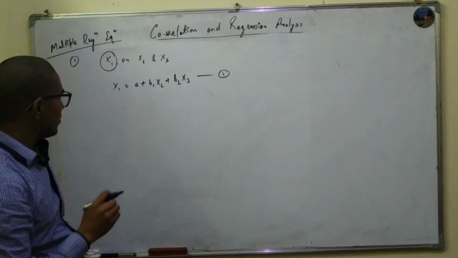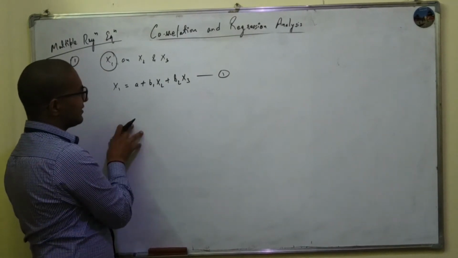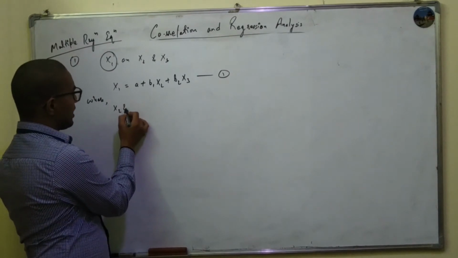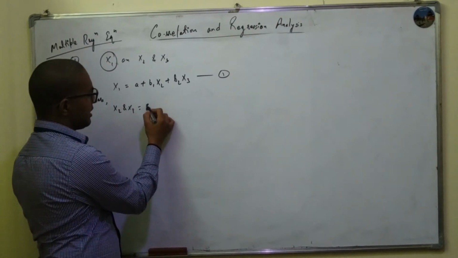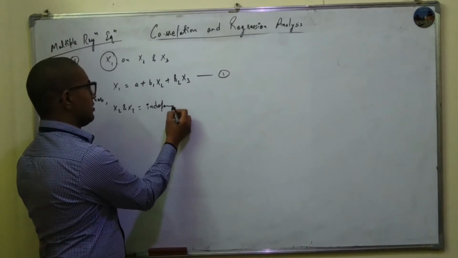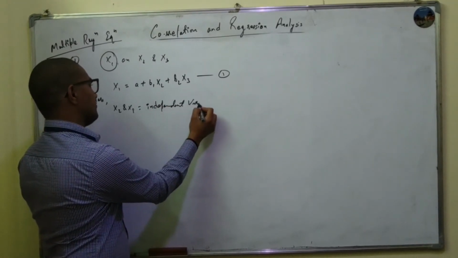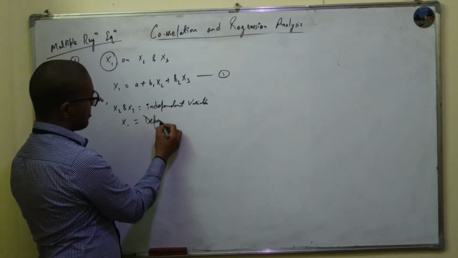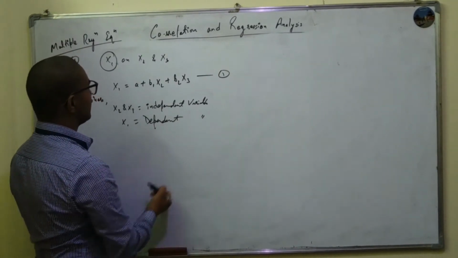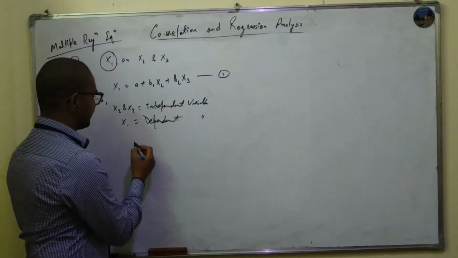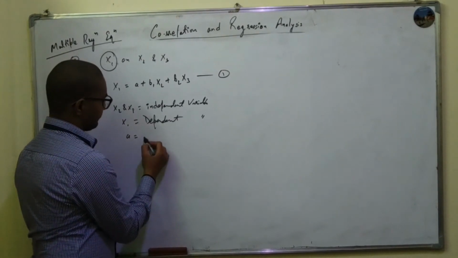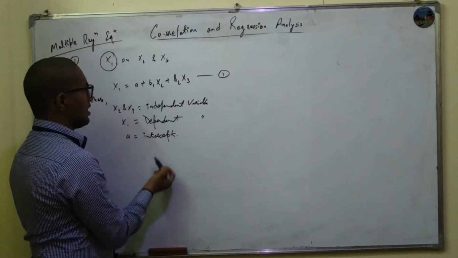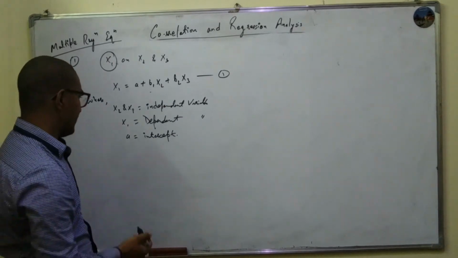Here x2 and x3 are your independent variables, x1 is your dependent variable, right? a is your intercept, the point where it intercepts, and b1 and b2 are your slopes, right?